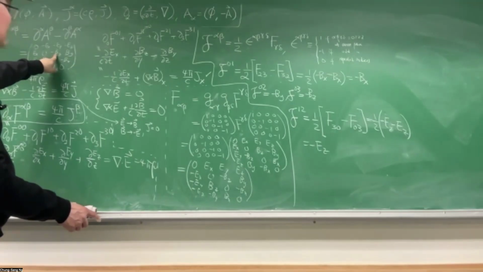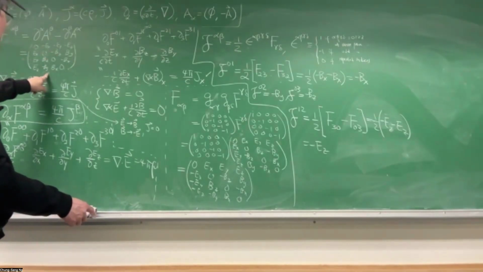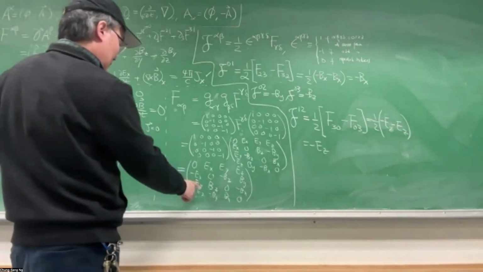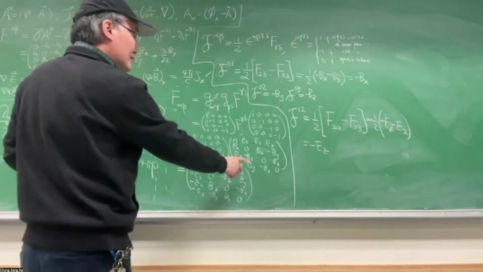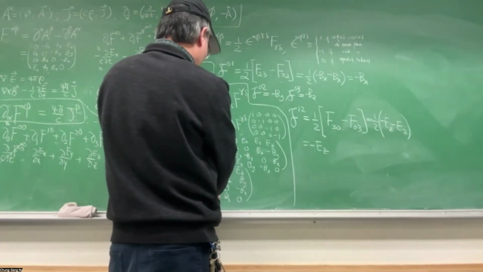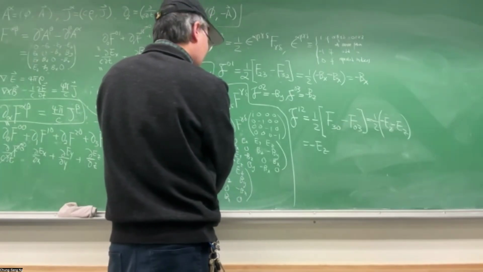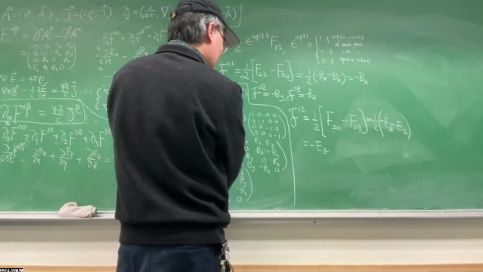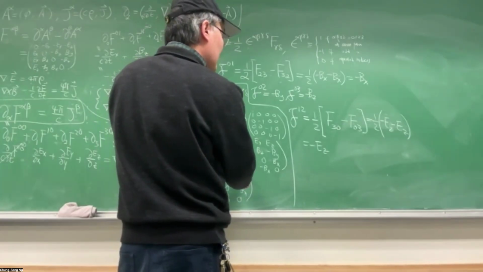It's easy, it's right, but I should get a negative sign. If I do it correctly, I should look up this one. 3, 0 is minus EZ, C, 0.